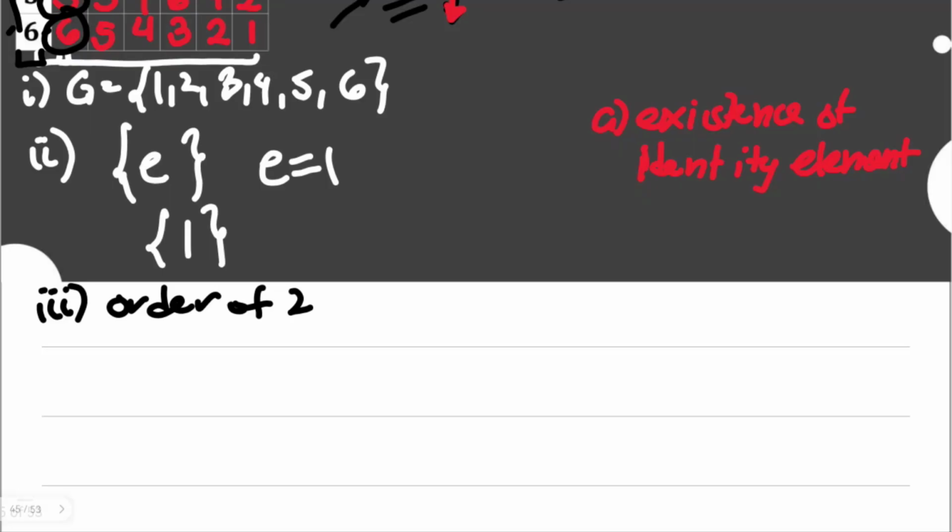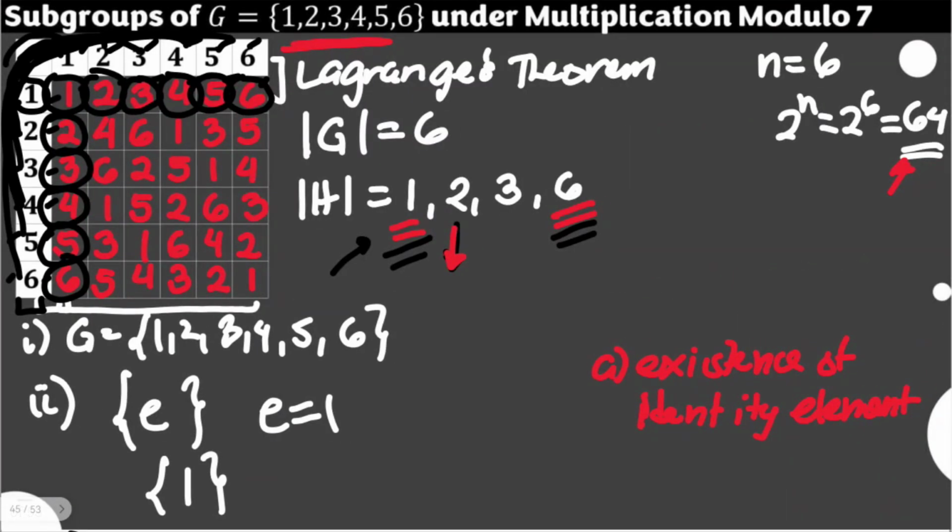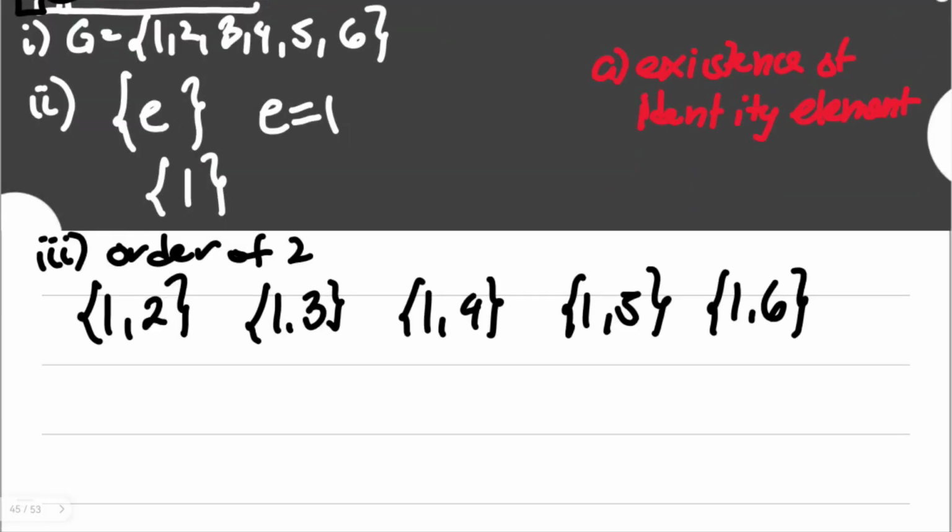In short, our candidates would be 1 paired with 2, 1 with 3, 1 with 4, 1 with 5, and 1 with 6. Take note that there are 6 different elements, and if we are going to talk about pairs of elements out of 6, there are a lot, but we only need to try 5. We don't need to try 1 and 1 because there's no duplication.